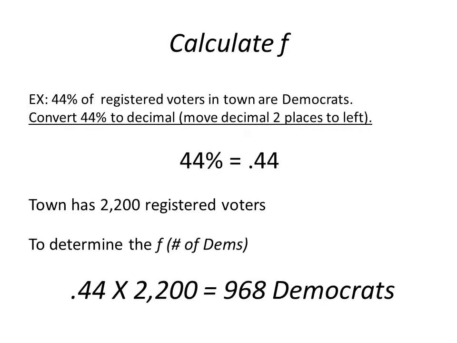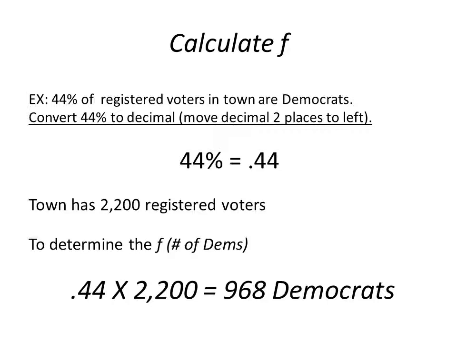How do we calculate a frequency using a percentage? We have an example of 44% of registered voters in the town being Democrats. We convert 44% to a decimal. We move the decimal 2 places to the left.